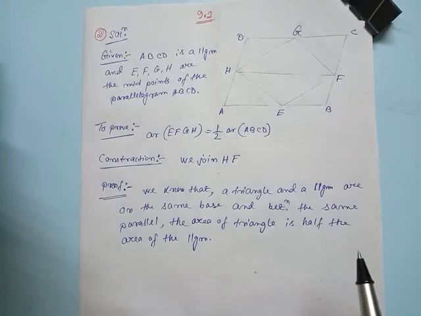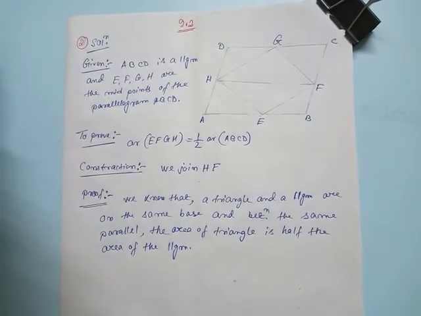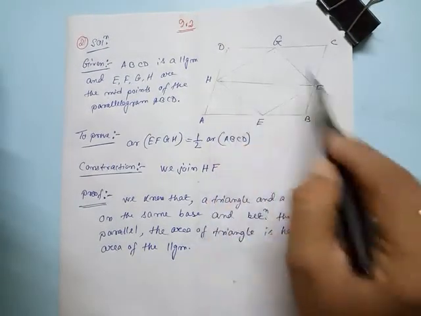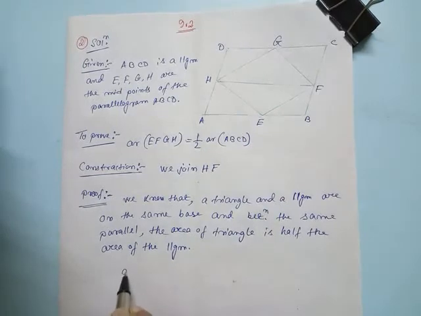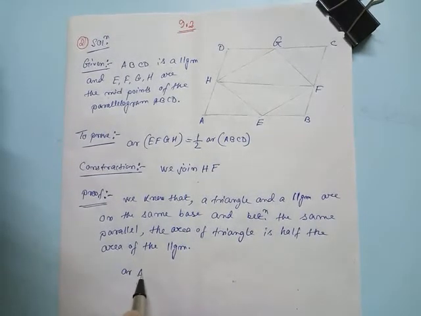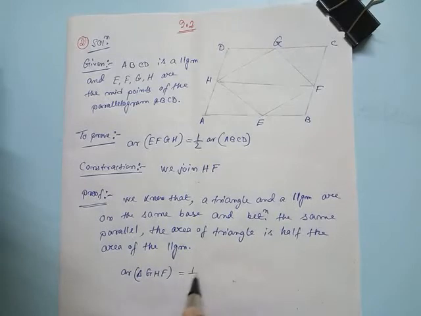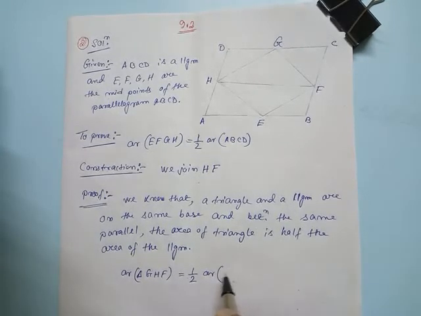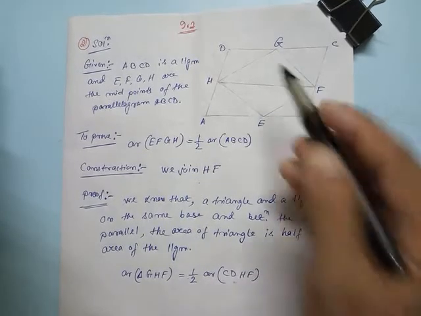Now after that, student, therefore I will write, look here, area of triangle GHF equal to half area of CDHF.